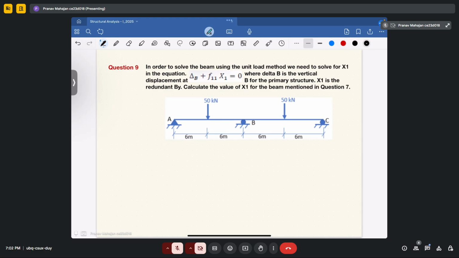So using the compatibility equation, which is DL1, which I mentioned previously, plus F11 into X1, which is your By in this question, will be equal to 0.